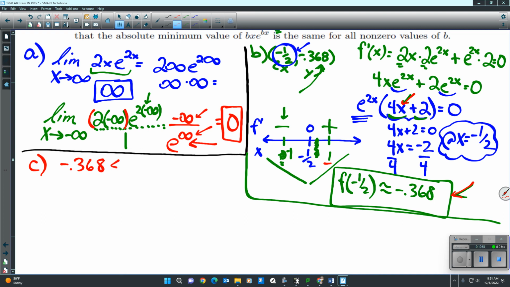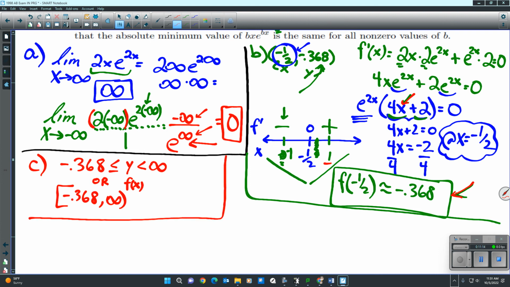We're talking about our y's, or our f of x's. It goes up forever. So I say negative 0.368, comma, to infinity. I use a parenthesis here, and because I include this, I use that. I can write that either way. That was nice. That was real nice.